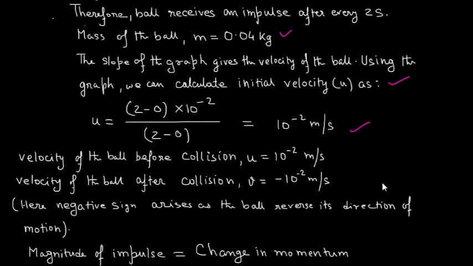Velocity of the ball before collision u is equal to 10 to the power minus 2 meter per second. Velocity of the ball after collision v is equal to minus 10 to the power minus 2 meter per second. Here the negative sign arises as the ball reverses its direction of motion.